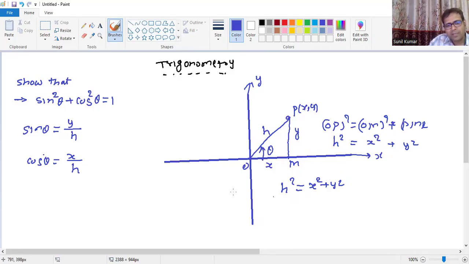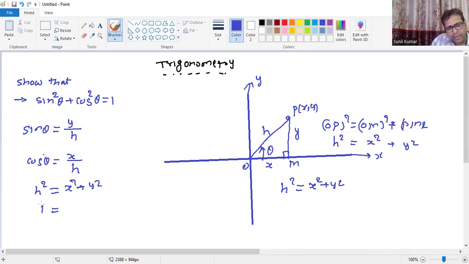Now I'm going to use these relations for sin theta, y by h, and cos theta, x by h. Okay, so what we have to do is just write this formula, h square equals x square plus y square, which we already got from this right angle triangle. Now I'm going to divide by h square on both sides.